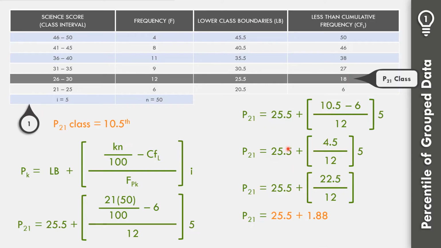Right now, we will add 25.5 plus 1.88. So the p sub 21 is equal to 27.38. As you can see, in the p sub 21 class, the p sub 21, that is 27.38, is between 26 to 30.